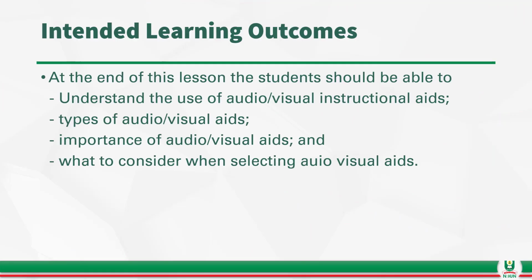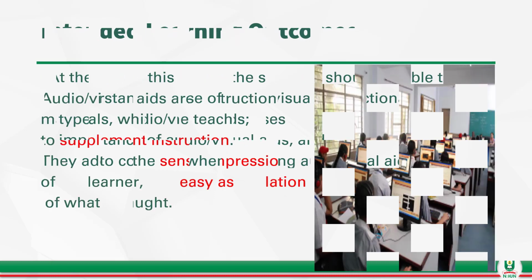At the end of this lesson, the student should be able to understand the use of audiovisual instructional aids, types of audiovisual aids, importance of audiovisual aids, and what to consider when selecting audiovisual aids.